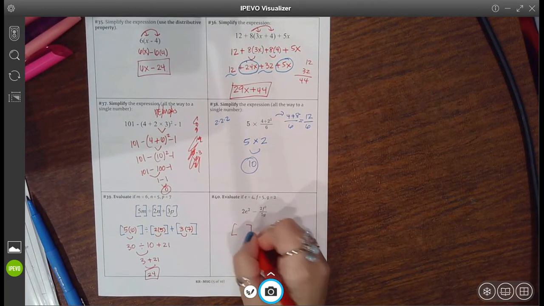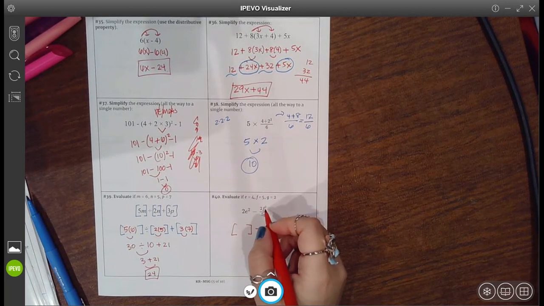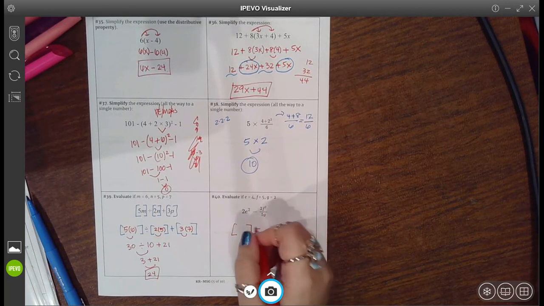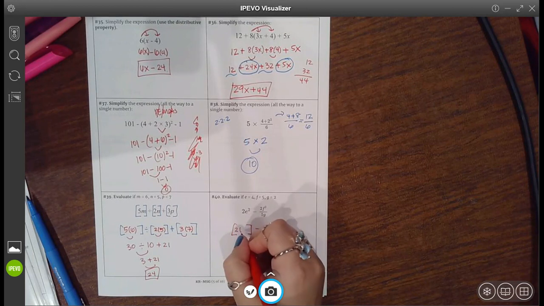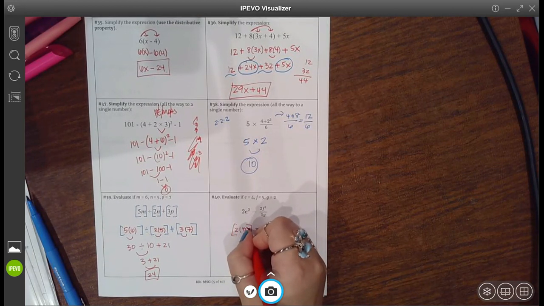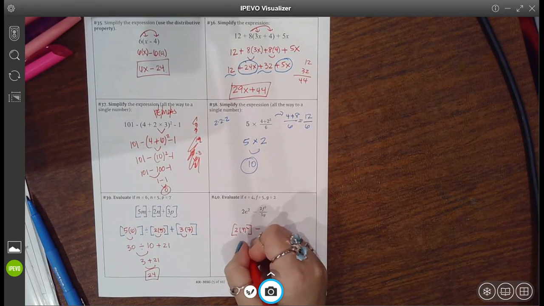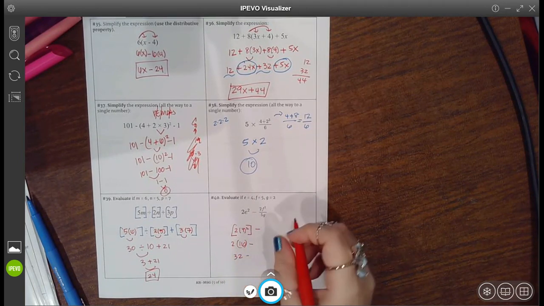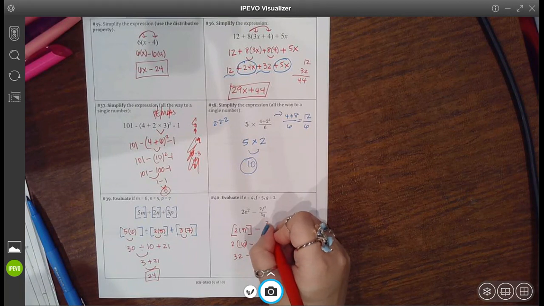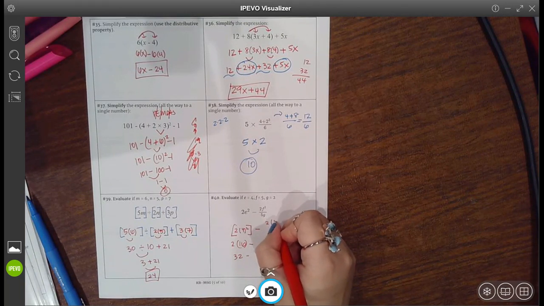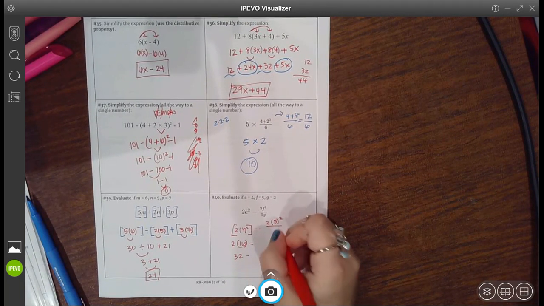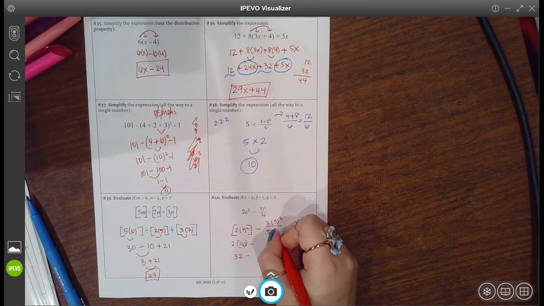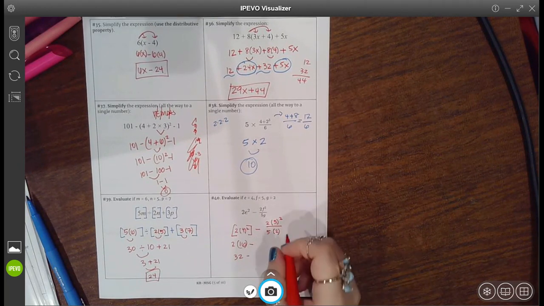This is a single term minus this divided by that. Okay, so 2 times e is 4 squared. Well, 4 squared is 16. 2 times 16 is 32. Okay. Now over here, you have 2 times f is 5 squared over 5 times g is 2.